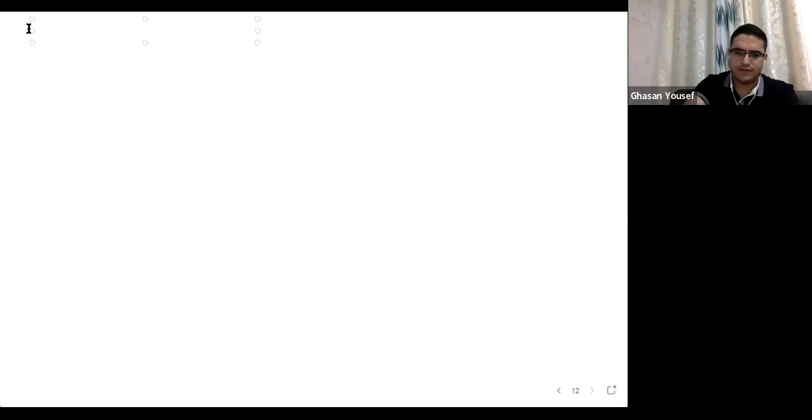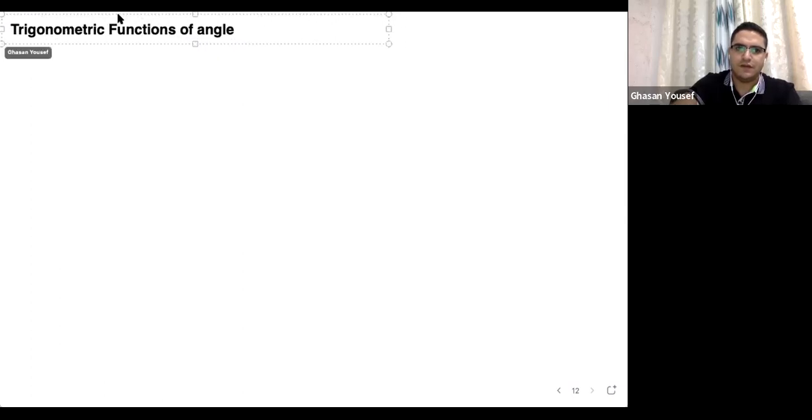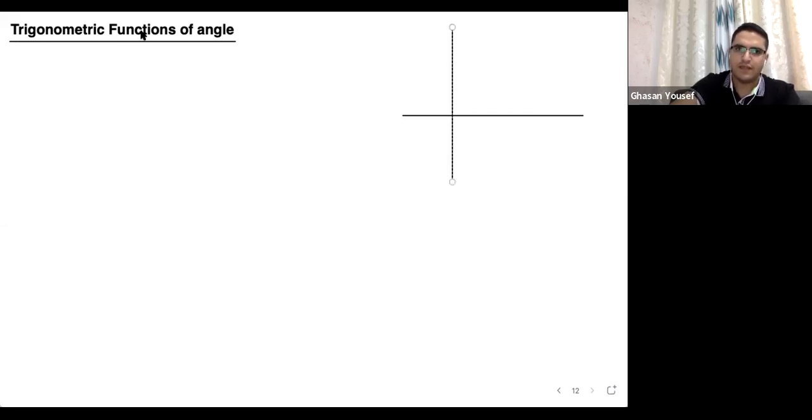So now I can set trigonometric functions of angles. So I have to define a right triangle like this. First of all, I have to graph the x and the y axis like this. This is my x-axis. This is my y-axis. Now I'm going to graph the right triangle like this.